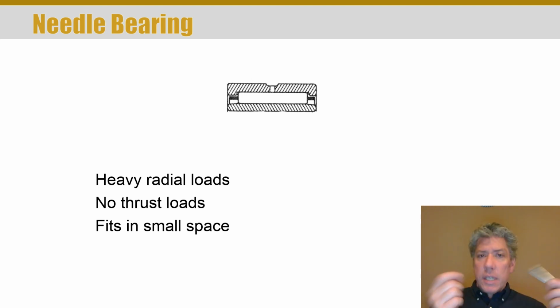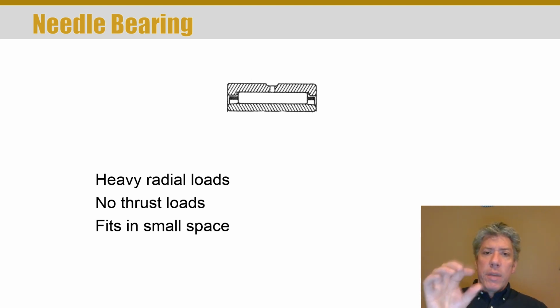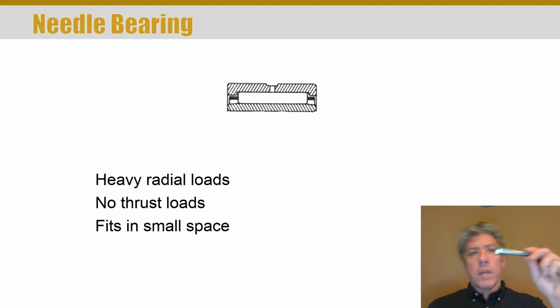Not much, but it is a significant amount. The raceways are being fatigued, loaded and unloaded repeatedly with compressive stress and then zero stress. If you do that to the surface of this bolt, it won't last very long at all. You have to have hardened material to have significant fatigue life and resist that loading.